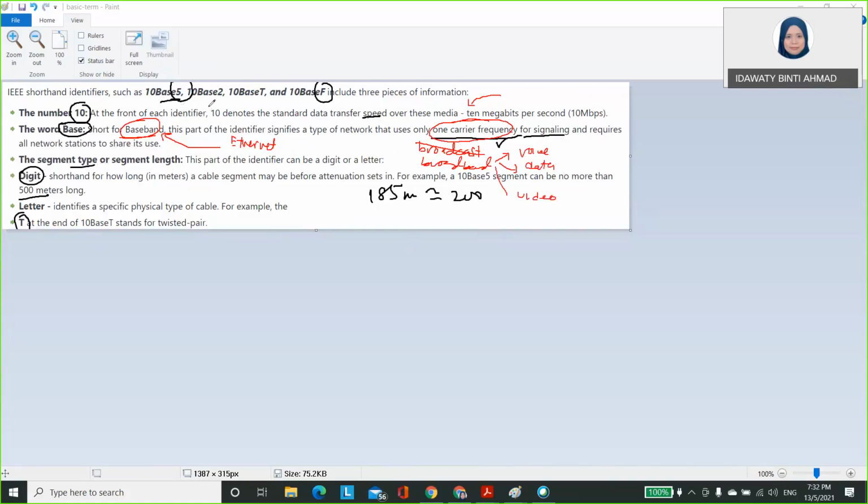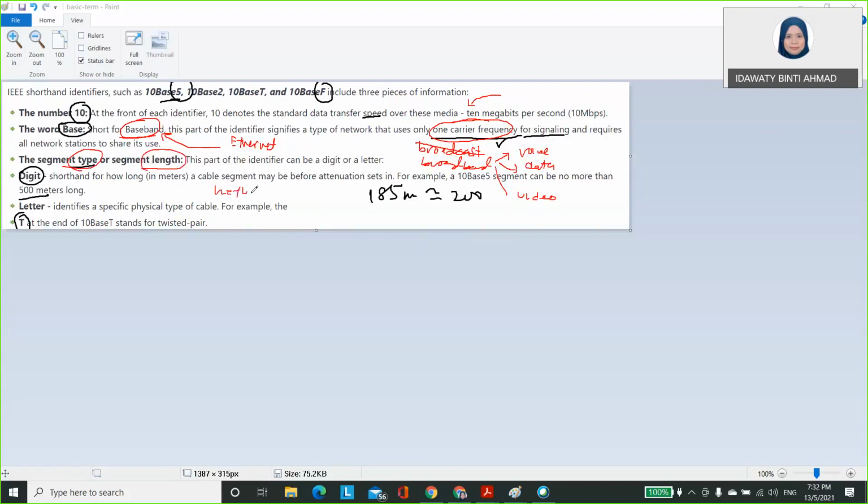And the last part is the segment type or the segment length. Segment here means network segment.